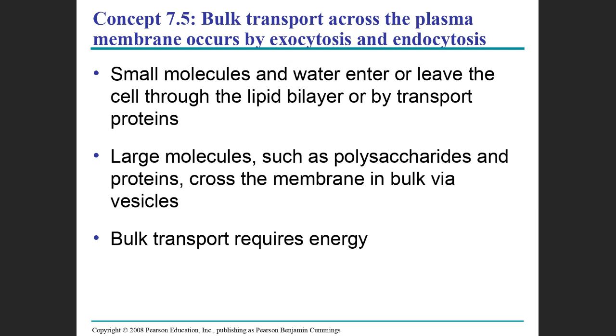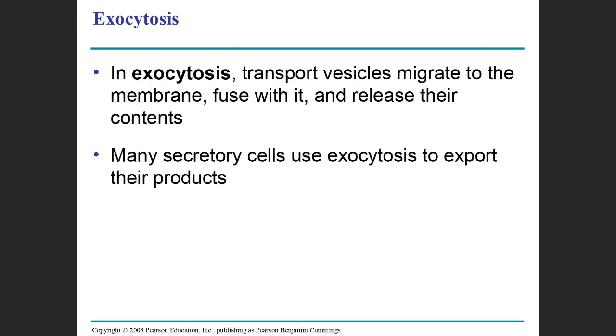But sometimes the cells want to move a large quantity into and out of the cell all at once. We call that bulk transport, and this also requires energy for that to happen. So exocytosis is the process of leaving the cell, and so a transport vesicle that may have originally come from the endoplasmic reticulum, and then it moved to the Golgi, and it budded from the Golgi, and it's now heading for the plasma membrane.